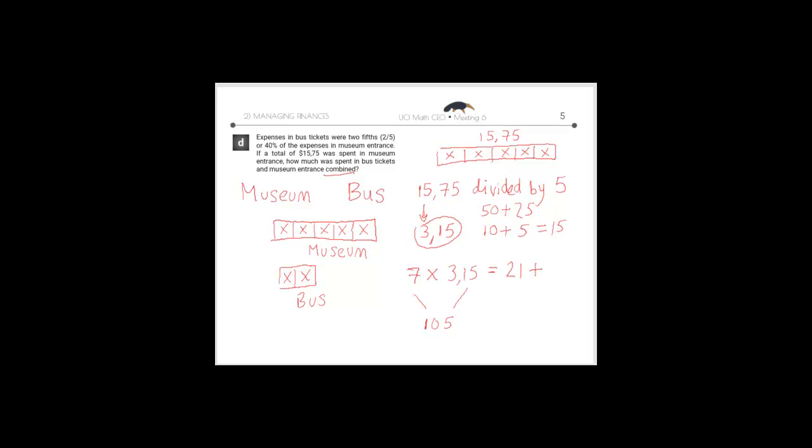Okay, so what this means is 1.05. So this is 22.05. And so that should be the final answer, $22.05. So this is the final answer.